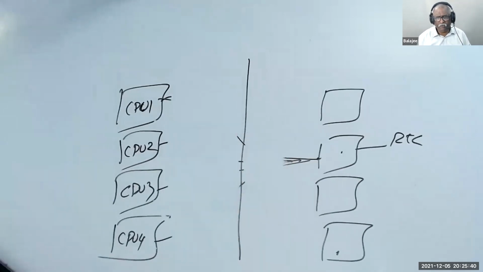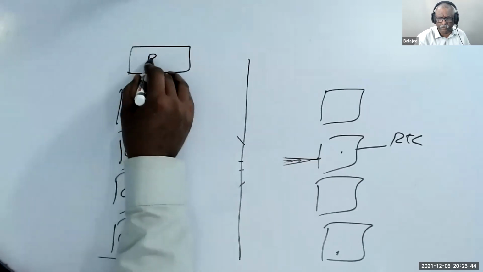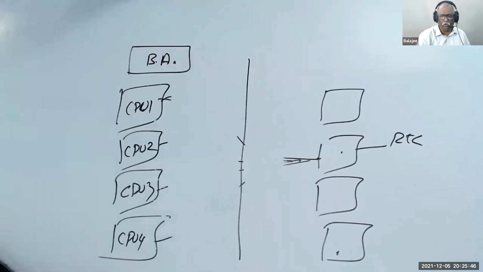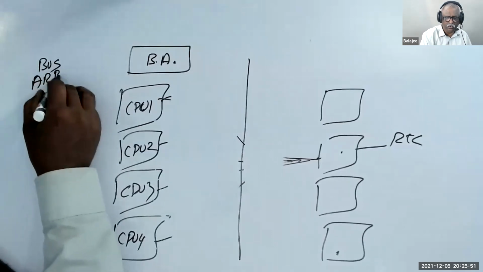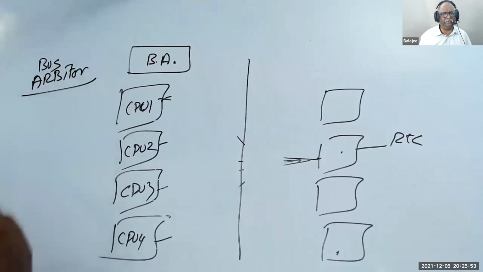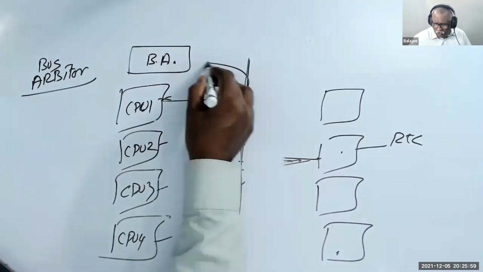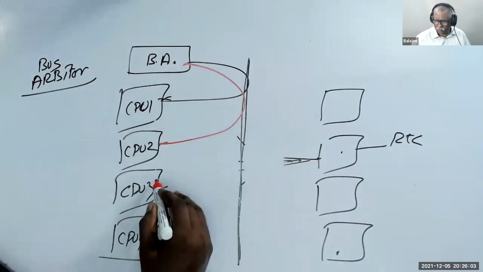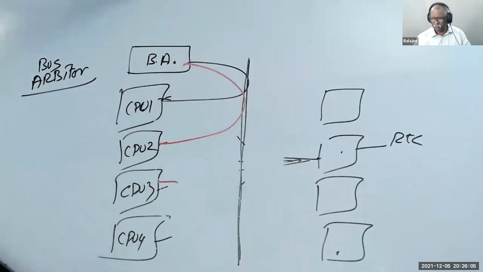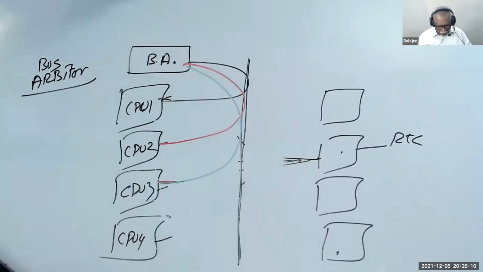So what happened? There is somebody here called the bus arbiter. Understand? There's a bus, and there's a signal through which all the people who want the bus can request it.